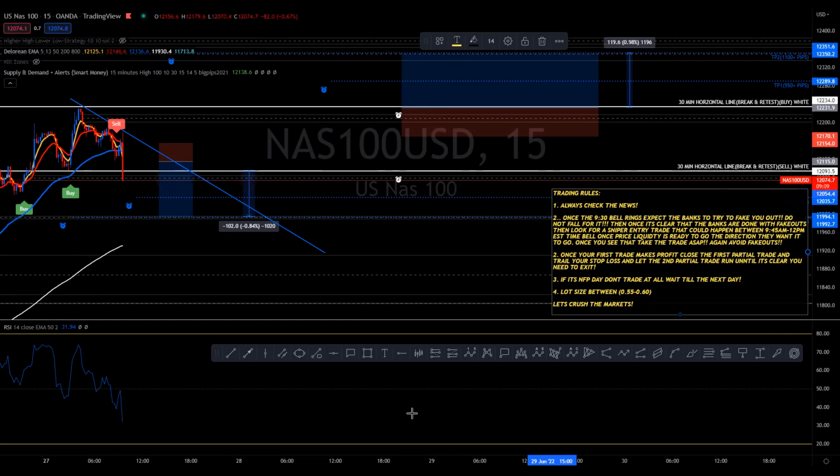Let me pause this recording real quick here. Stop loss has been trailed and it's still dropping. Let me share my other phone screen here. Look at that drop. It's crazy.